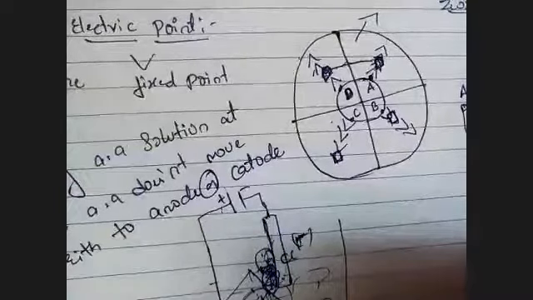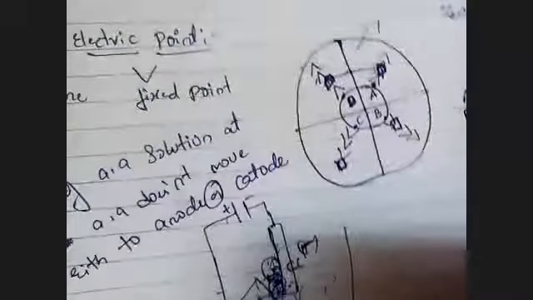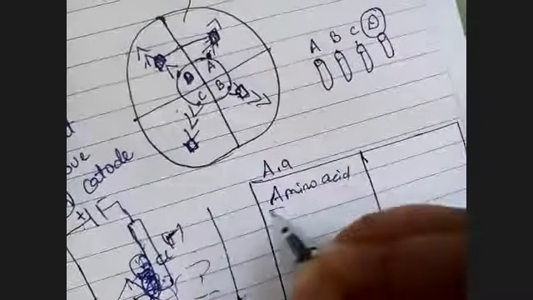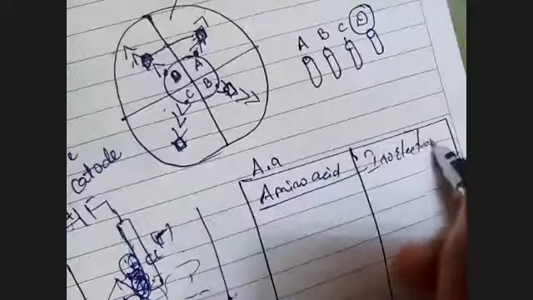So next, let us see the isoelectric point of some amino acids. I'll write the table now. This is amino acid and this is isoelectric point.